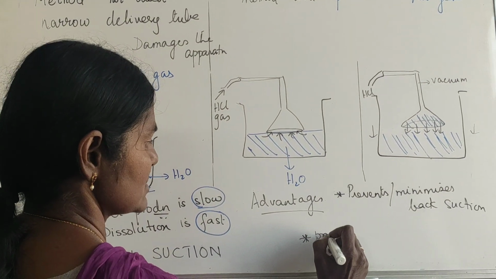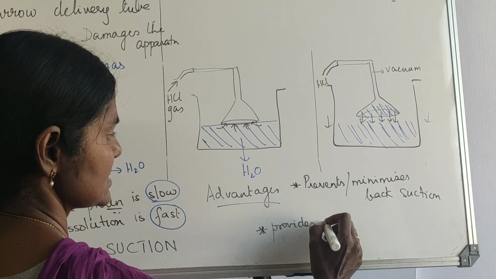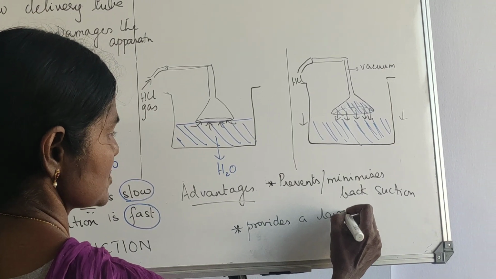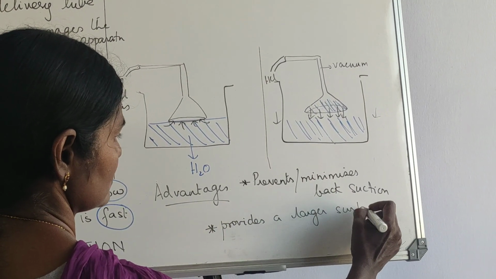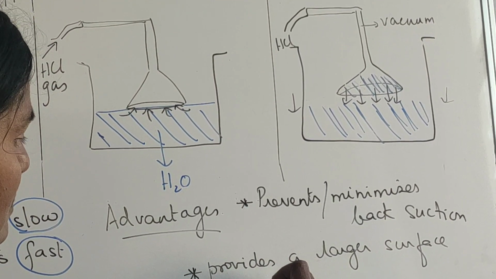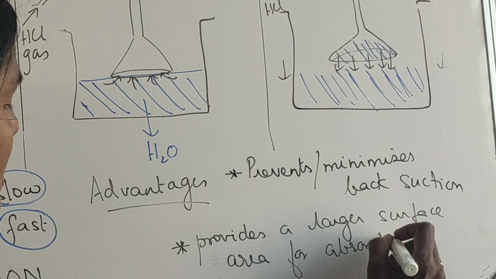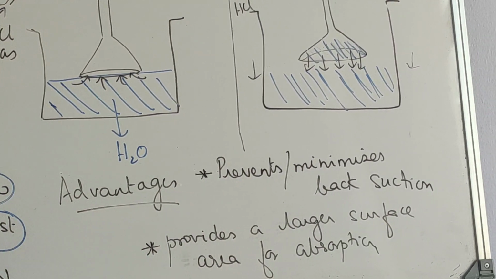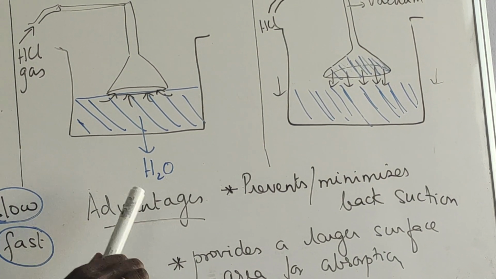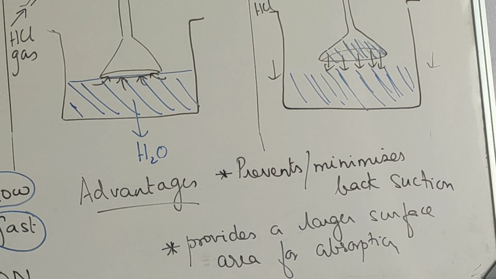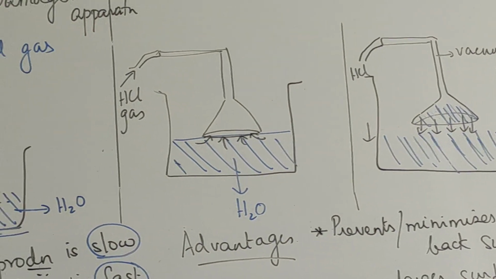So this provides a larger surface area for absorption. So these are the two advantages over the narrow delivery tube, and that is why we use this method to prepare hydrochloric acid from hydrogen chloride.